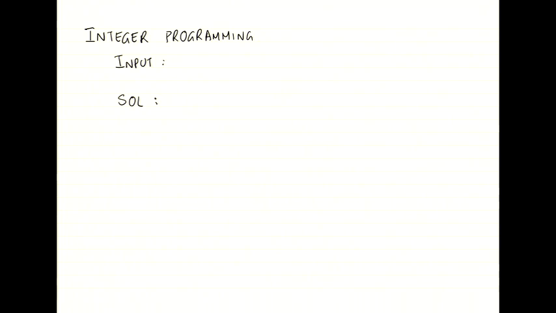So integer programming. What is this problem? Well, this is basically linear programming if you insist on the variables being integers. This is linear programming with variables forced to be integers. So let me formally define it.